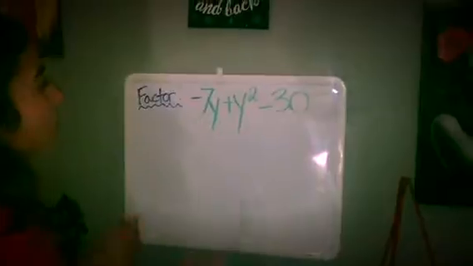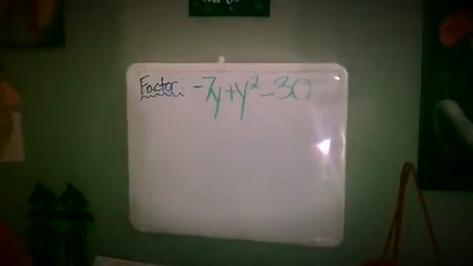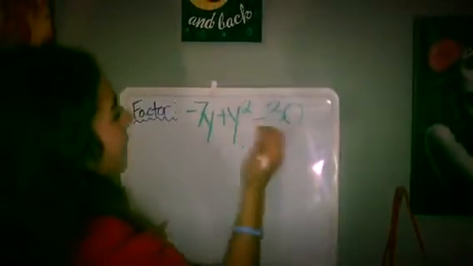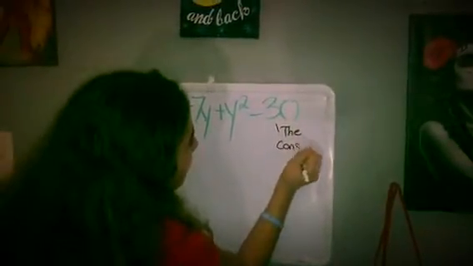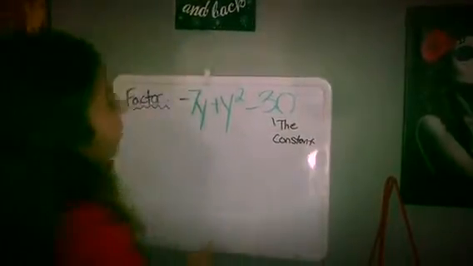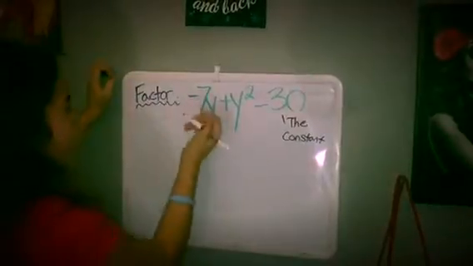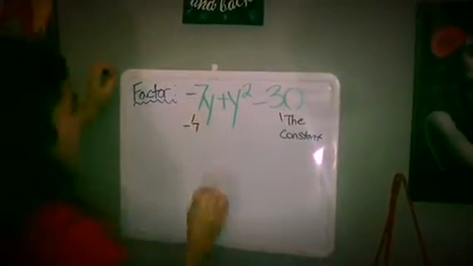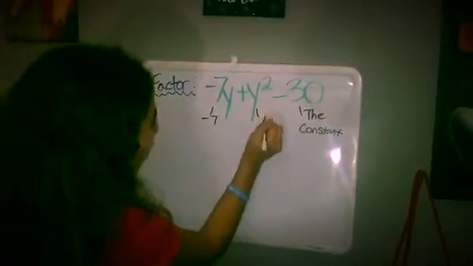So our problem is negative 7y plus y squared minus 30. We have to factor the polynomial. Negative 30 is the constant. What number is in front of the y, which is negative 7? What's in front of y squared, which is an invisible 1?